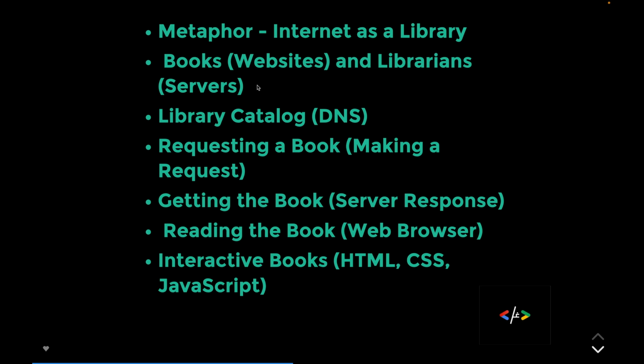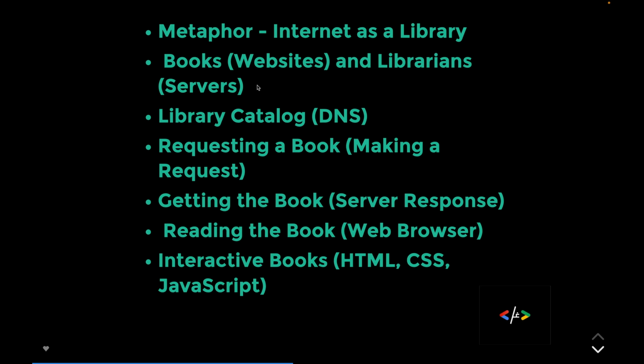I want to read Harry Potter. So that book's title is the URL, the complete address, and you enter your request, and then you get your response. You open the book, you get your response, because the server will check through.